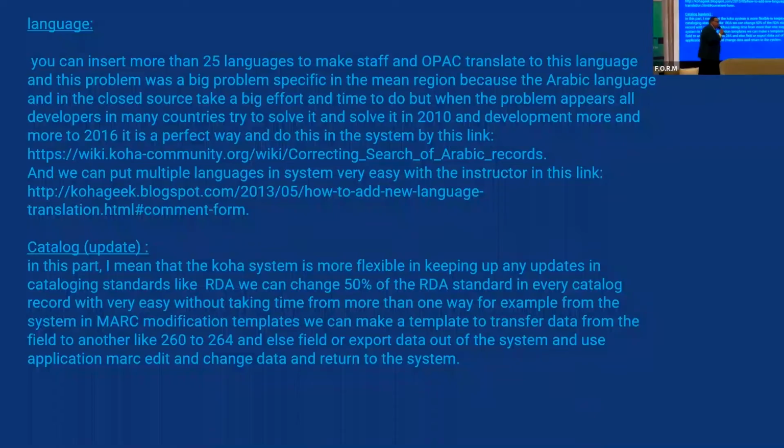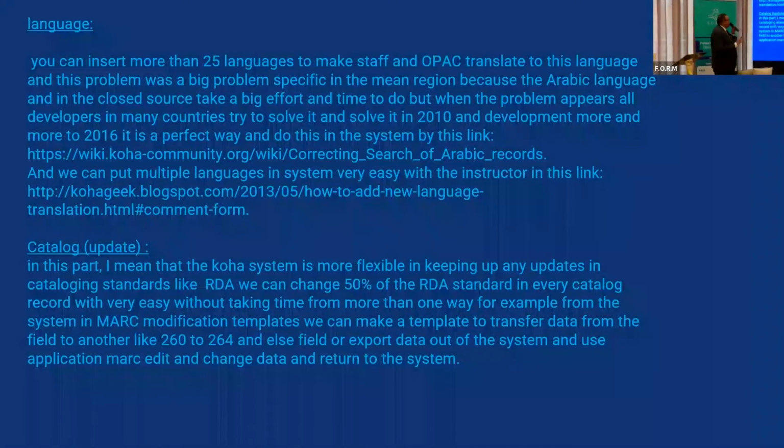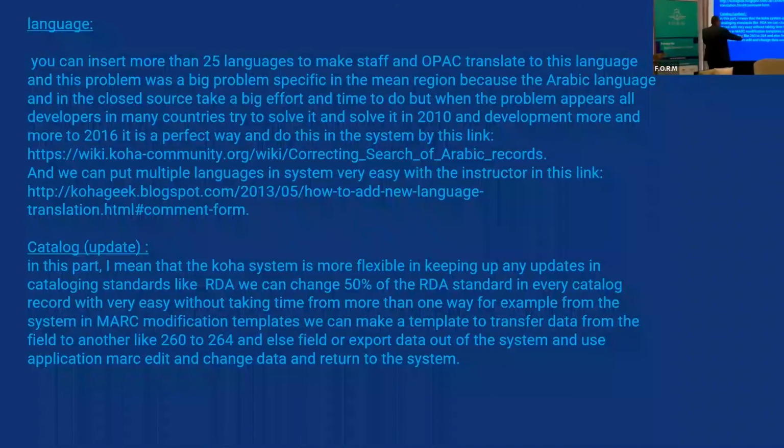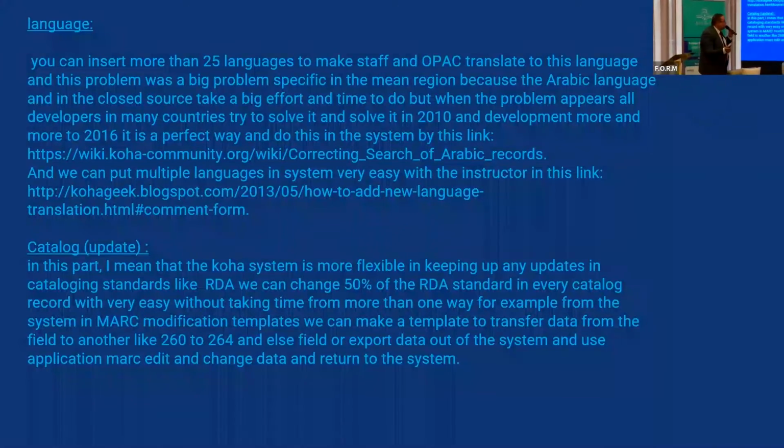When we do it in Koha, Mr. Ahmed and I will do it in 5 or 6 hours. It's only a template in the system, an application template, and the system will generate this to RDA.